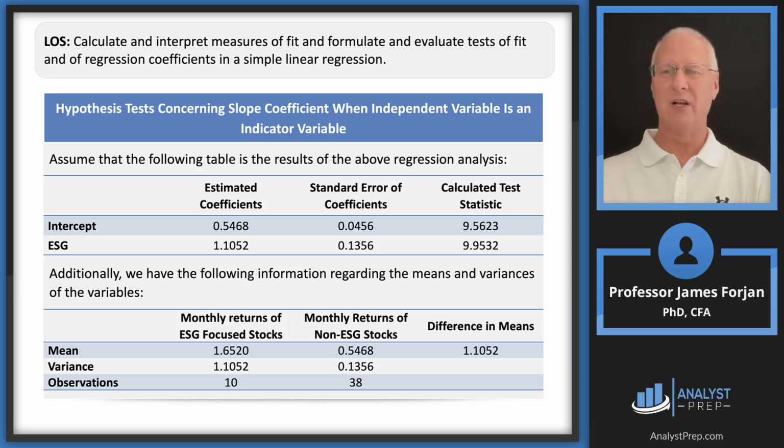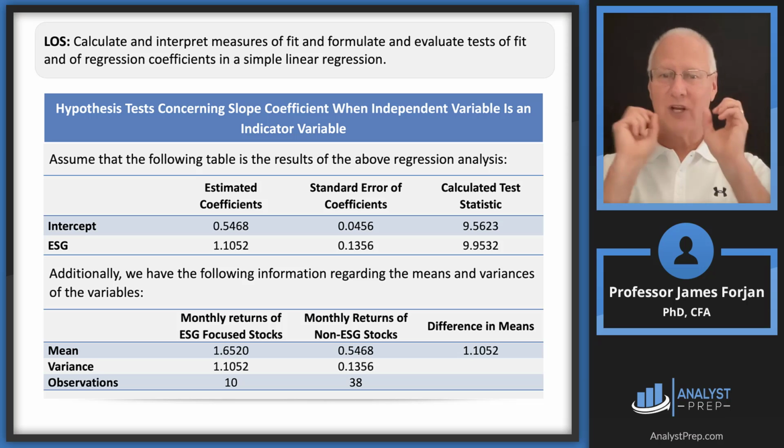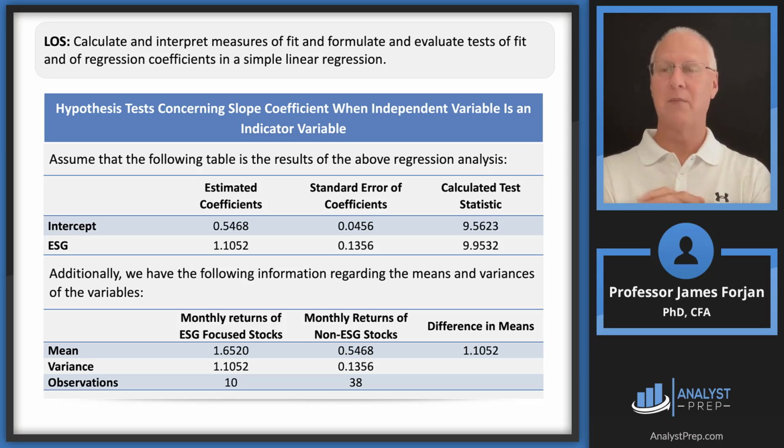Remember I said, a kind of loose definition was around 2.0. Well, in our previous example, what was it? It was 1.8 something. And then an example in part 1, I think it was maybe 2.1 something. So it's around 2. So just loosely, when you get to this table on an exam, look at that calculated test statistic. And if it's 9.5, well, you know that you've established a significant statistical relationship.